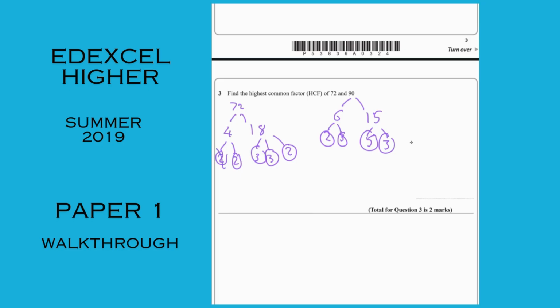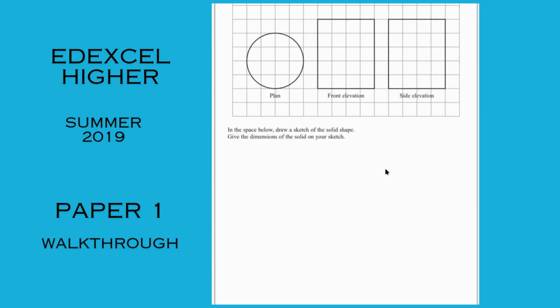I just go, yep, there's a 2 in each. Yep, there's a 3 in each. There's another 3 in each. And there's no others in common. Get them multiplied for the HCF of 18. And if you wanted the LCM, you do 18 times all the ones which haven't been included so far.